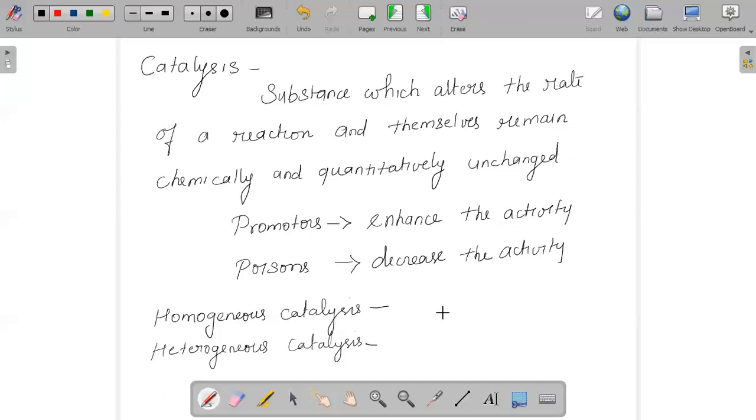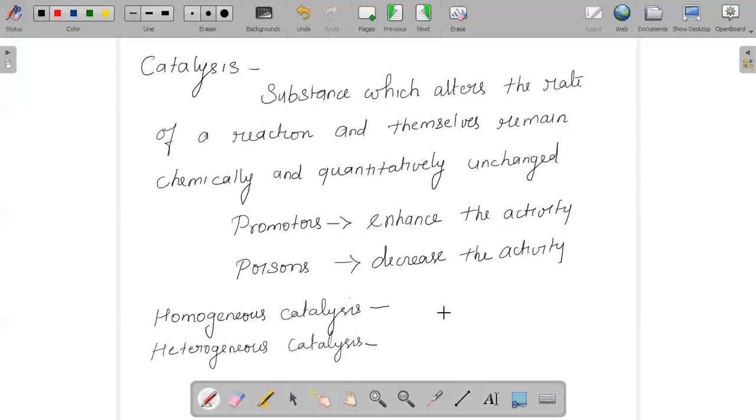If the reactant and the catalyst are in different phases, it is heterogeneous catalysis.